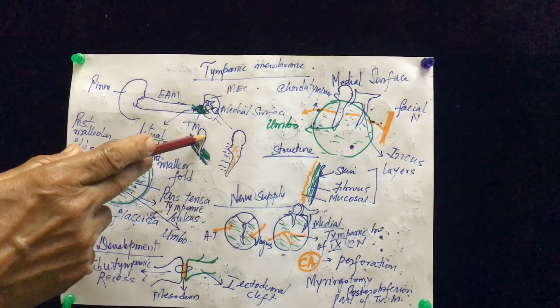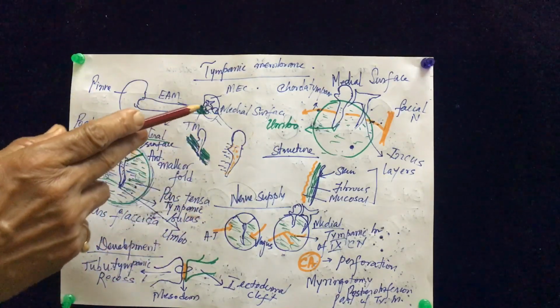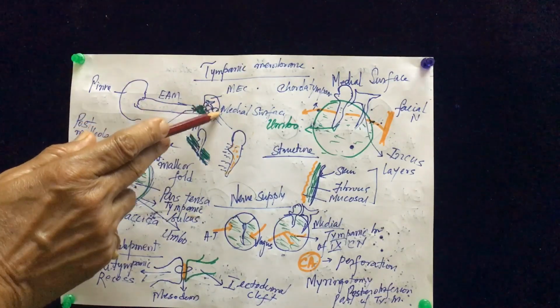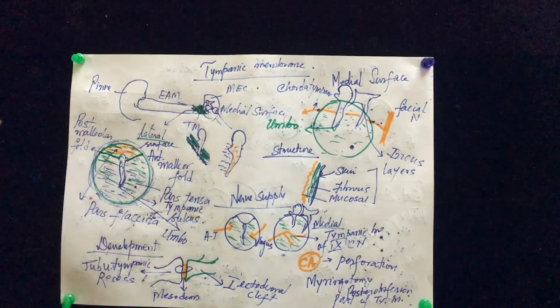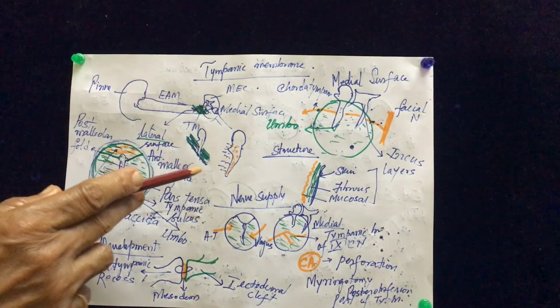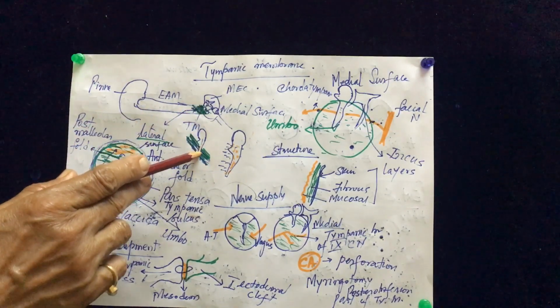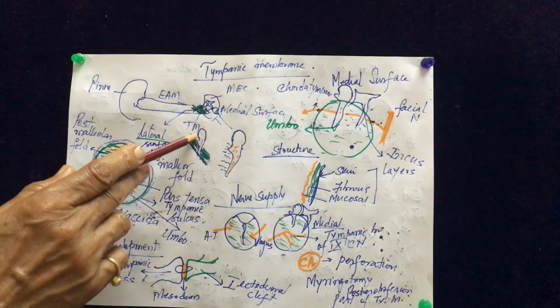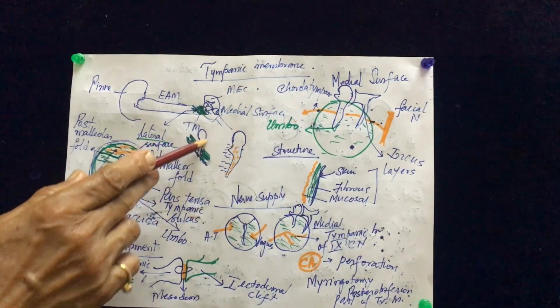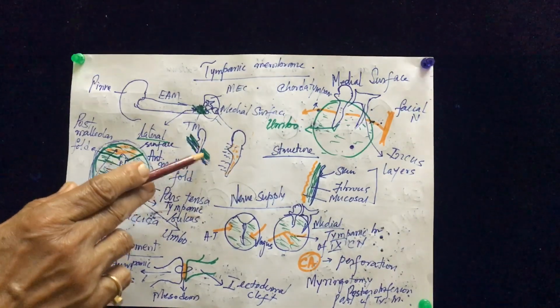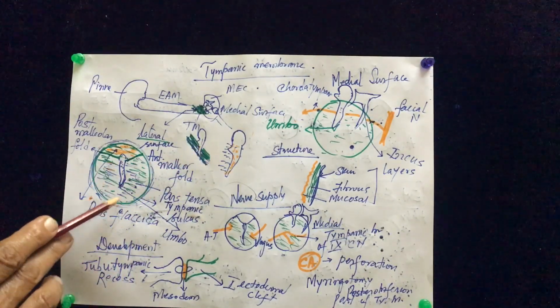Malleus is one of the ear ossicles. There are three ear ossicles: malleus, incus, and stapes. Malleus has a head and a handle, and it is attached to the medial surface of the tympanic membrane.